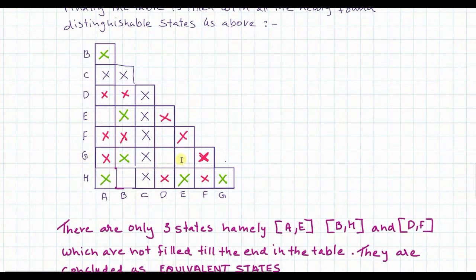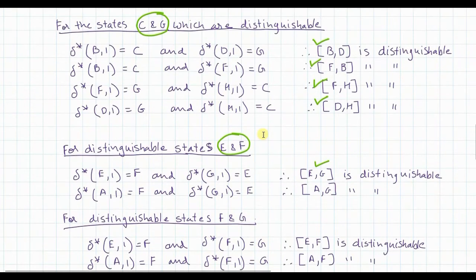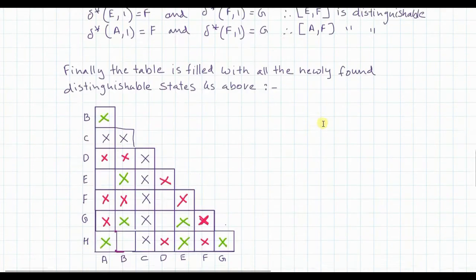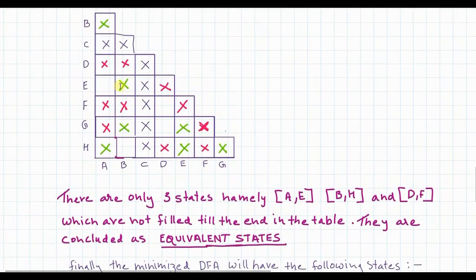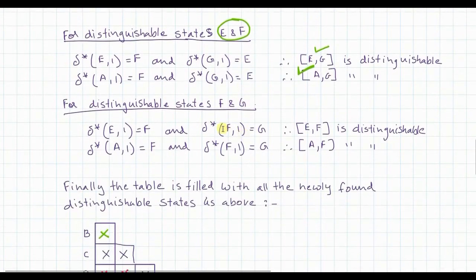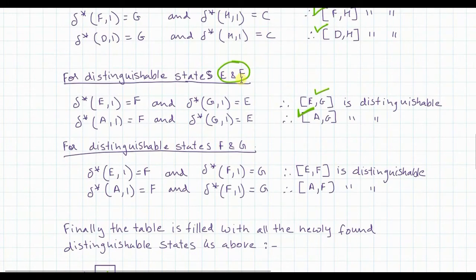So I will mark G comma E with X. Okay, next we have A comma G. So just find out. Now A comma G is not possible, but G comma A is already marked with X, so you don't have to mark it again. Okay. Next, so these are the two combinations for E and F.